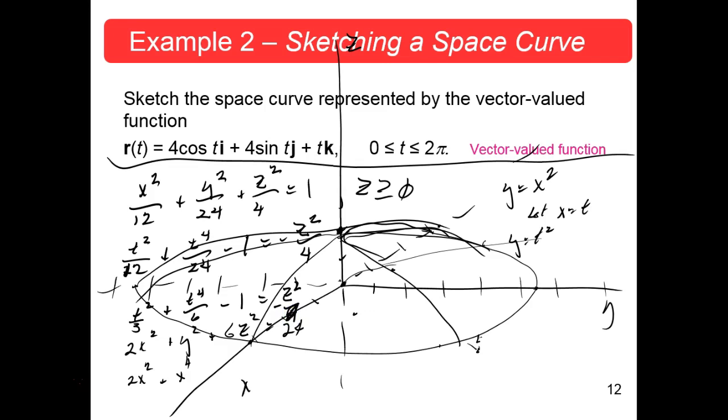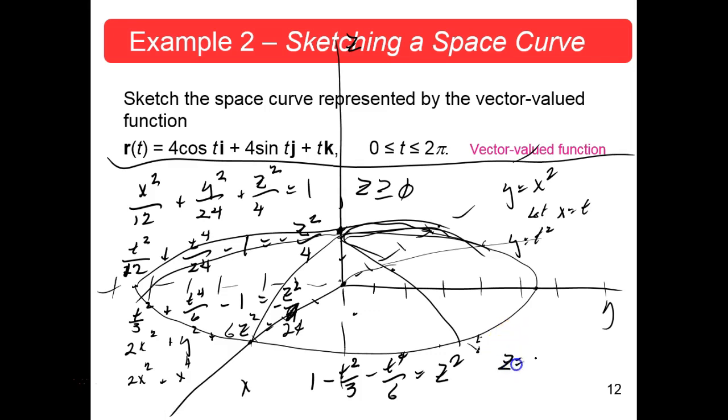I'm just playing around here. Let's get rid of the minus sign, kind of, and make it 1 minus t squared over 3 minus t to the fourth over 6 is equal to z squared. And then take a square root of that. And that's what your z would be.